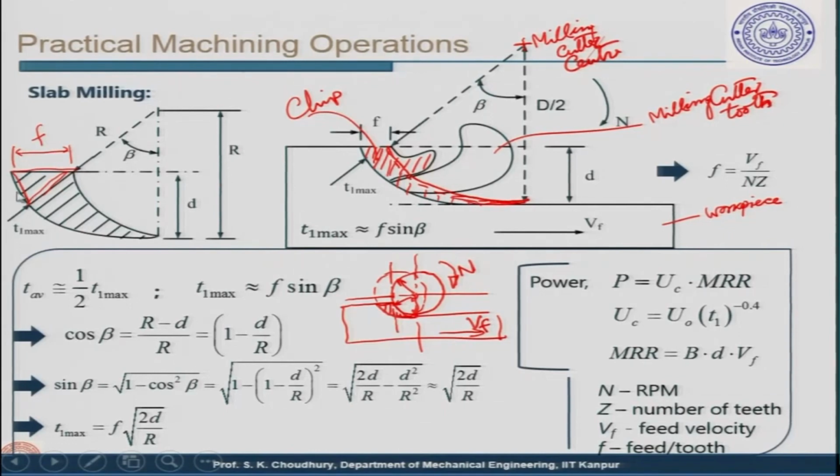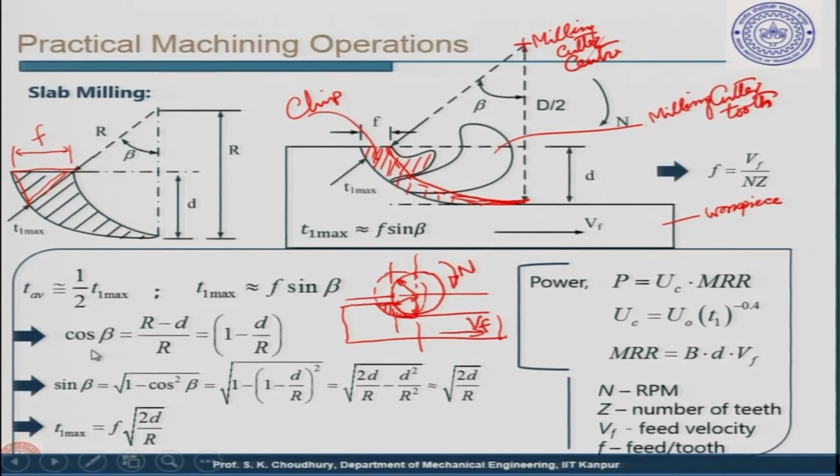This value is the depth of cut, because from here to here it is the depth of cut, all right. And then the t1 average, as I was telling, is roughly taken as half of the t1 maximum, and this does not make much of an error. This approximation is not an absurd approximation, and it gives a good result.